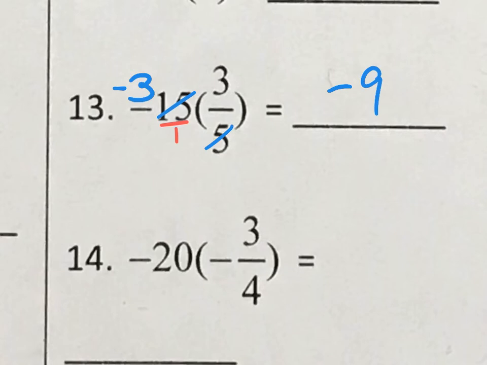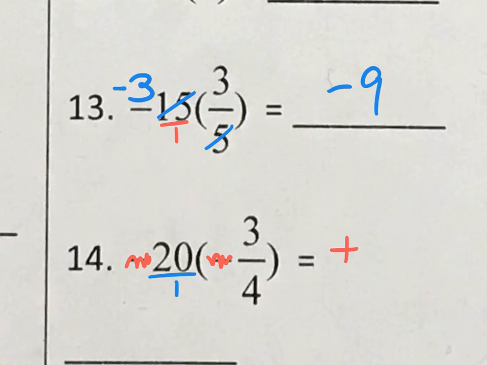Number 14, I could put the -20 over 1. And I could cancel things out. Oh yeah, here's another option, guys. You could deal with the signs before even multiplying or canceling or dividing. What is a negative number times a negative number? Positive. So you already know your answers are going to be positive. So you can just forget about that negative and that negative because you already know that a negative times a negative is positive.